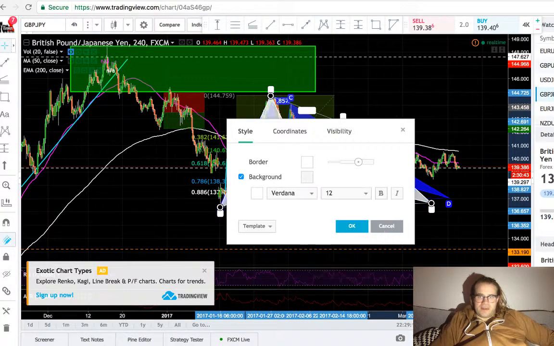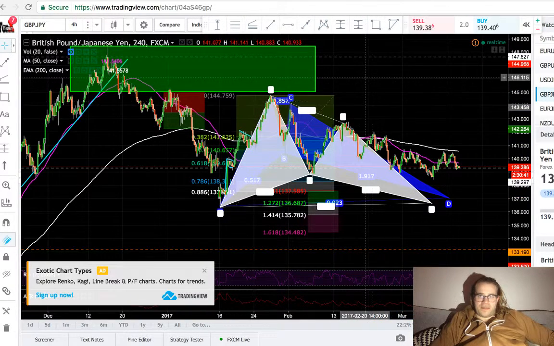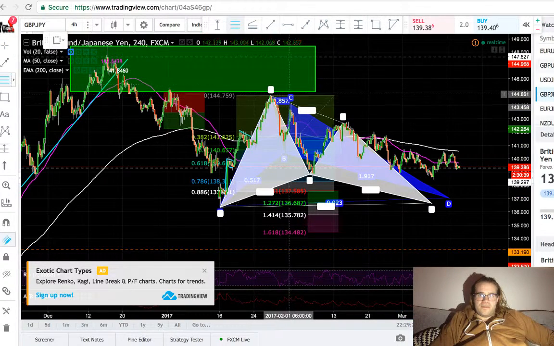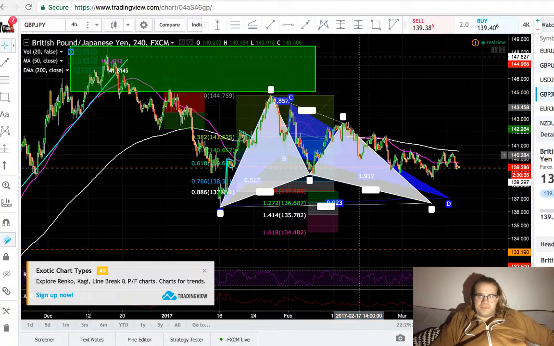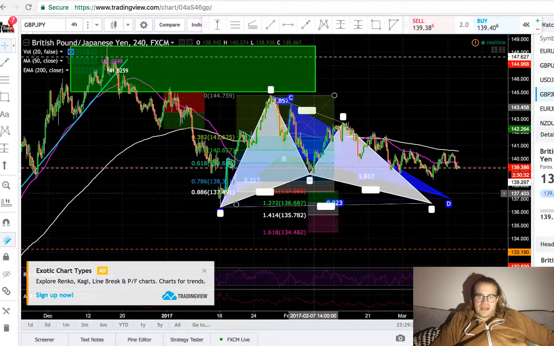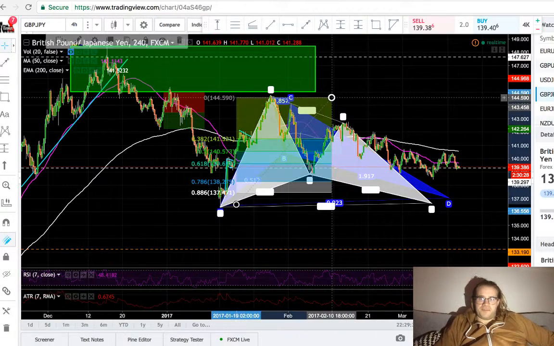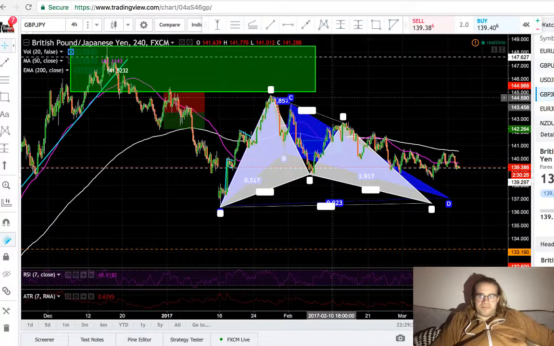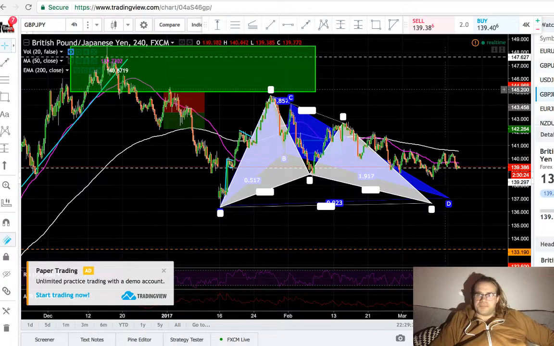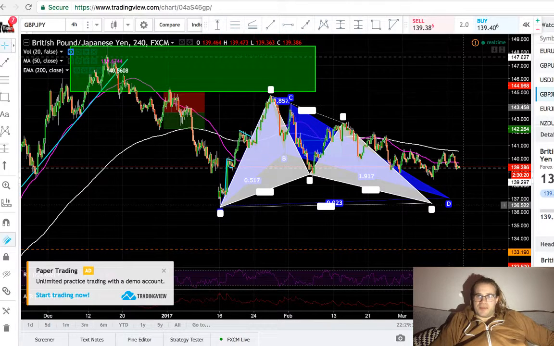I do think it is. Yep. So a Gartley pattern, a bat pattern around the same area here. Choose your poison. I'm going to be interested if we get down to this area right here.